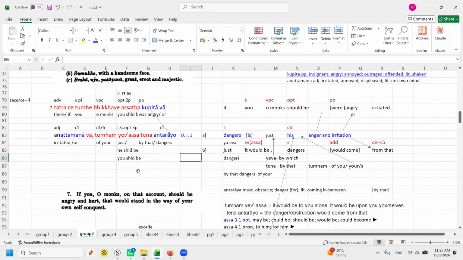The comma, you don't have to worry about the comma. The comma is put by the author. The author wants to translate certain things their way, so he will put his comma there. Yeah, because it started with yewa as a subject, then the last phrase antarayo is the subject. It's different, right?